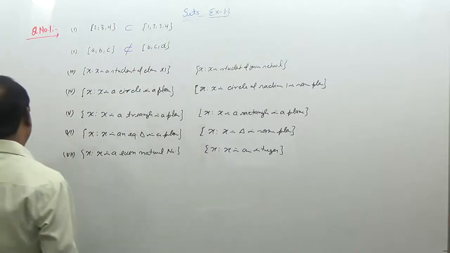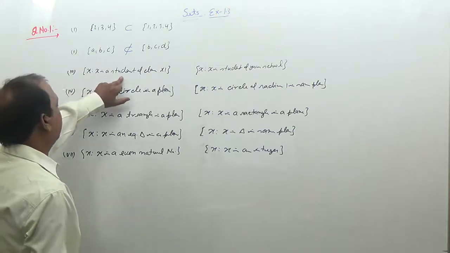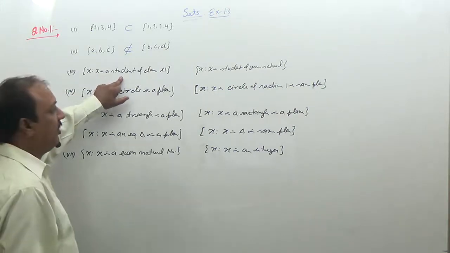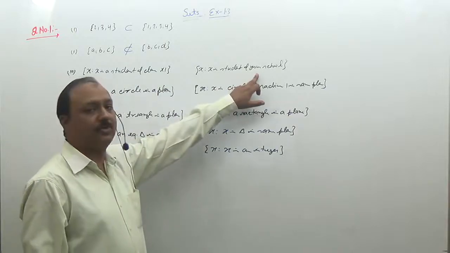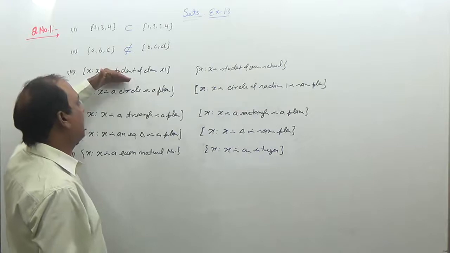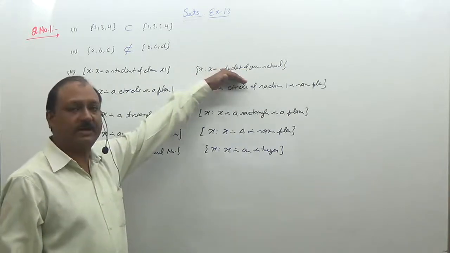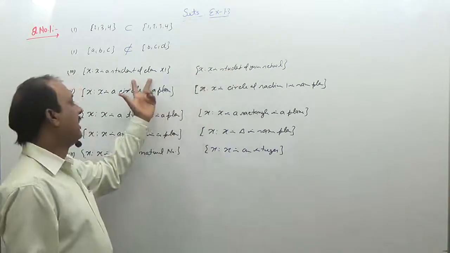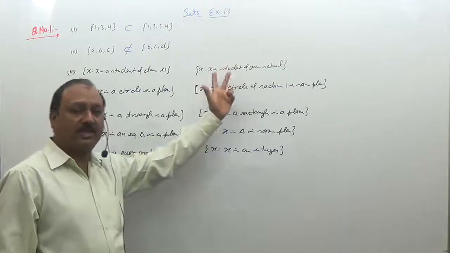Next one, X is a student of class 11th, or X is a student of your school. Because all the students of class 11th belong to the school, तो ये केवल क्लास 11th है, यहां पर सारे स्टूडेंट अवेलेबल है.